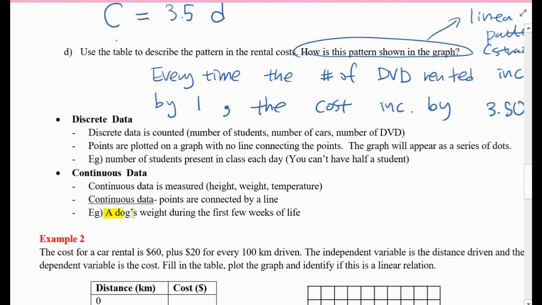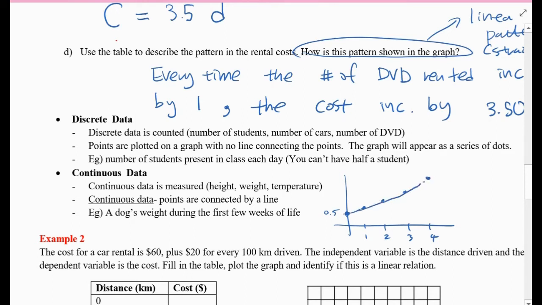Example: a baby's weight during the first week of lifetime. So day 1, day 2, day 3, day 4. Say when it was born it was 0.5 kilogram, then 0.6, 0.7, up to 1 kilogram.